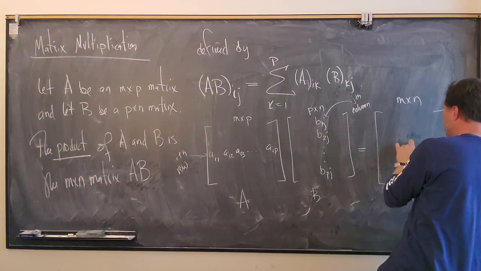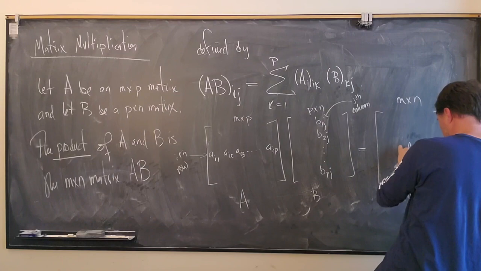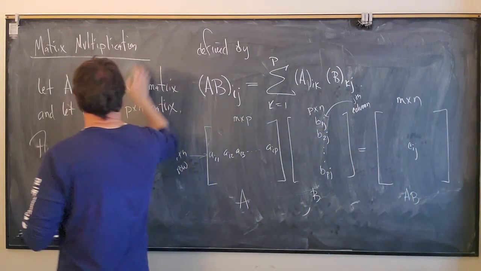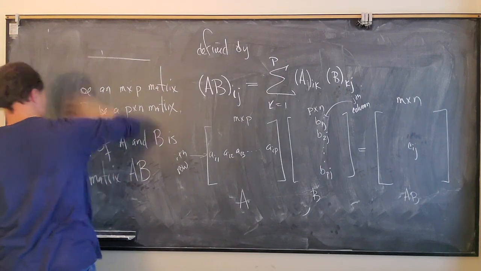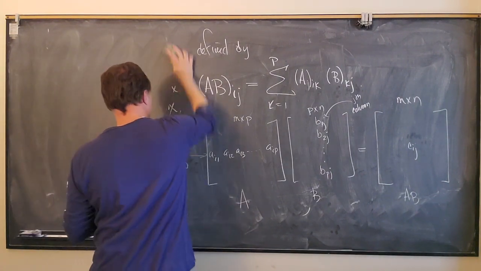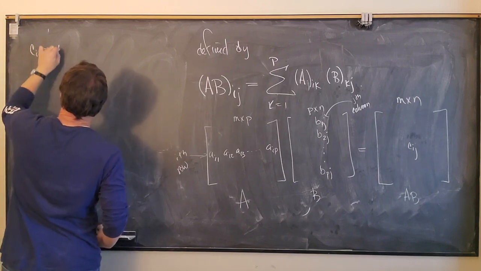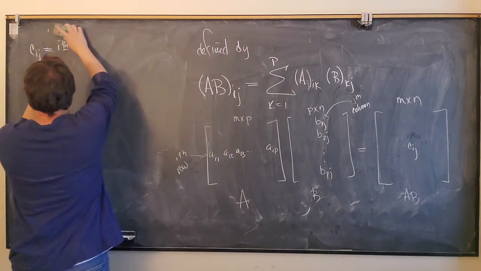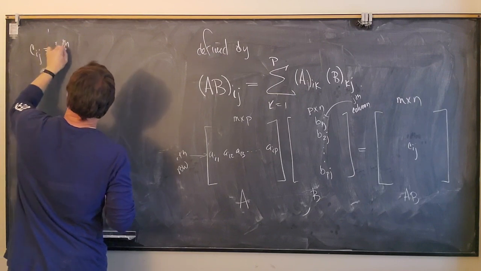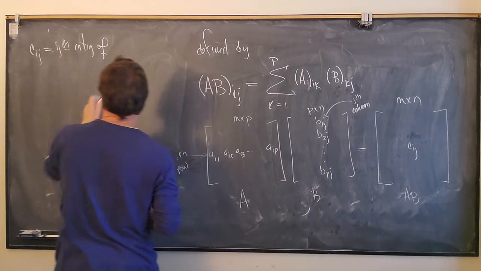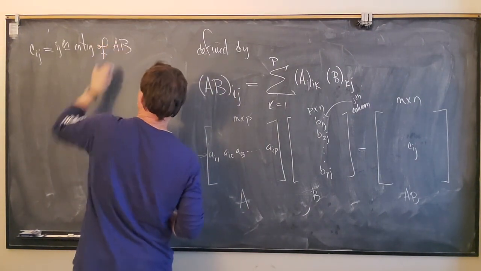So let me call that C sub ij. This is the ijth entry of the matrix AB.